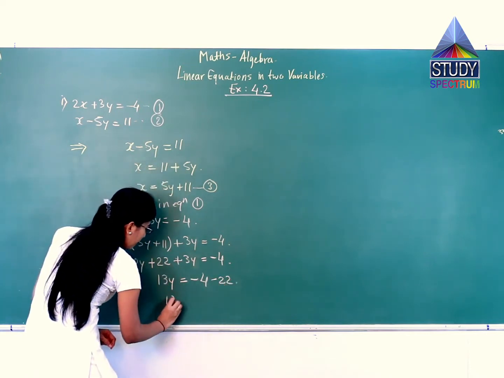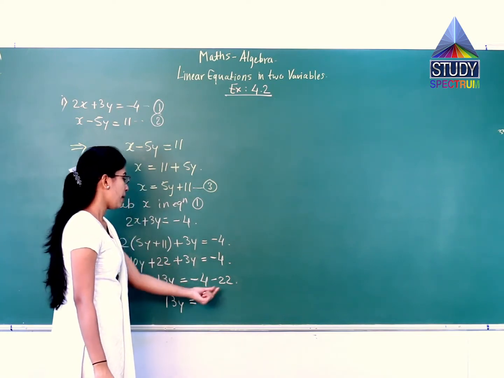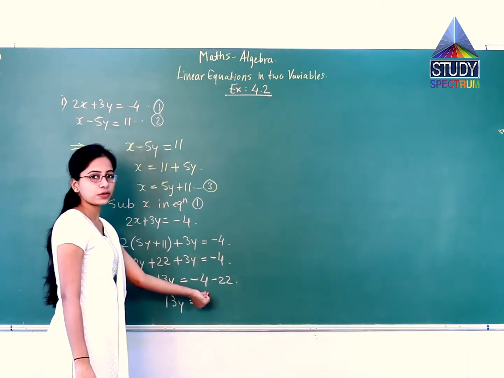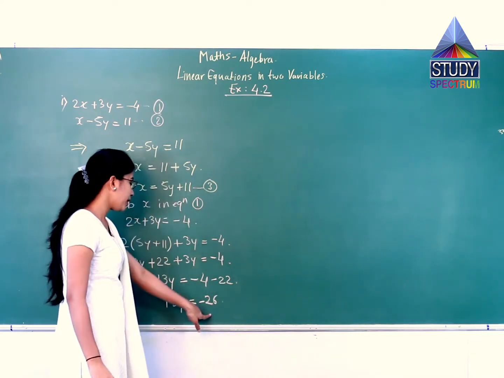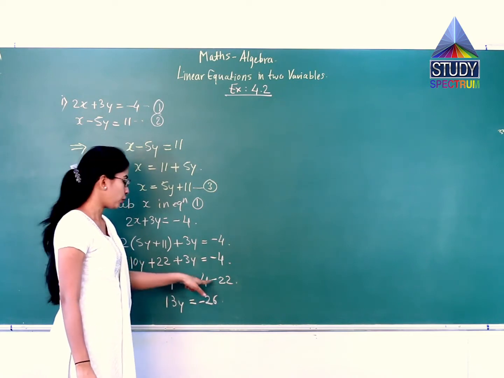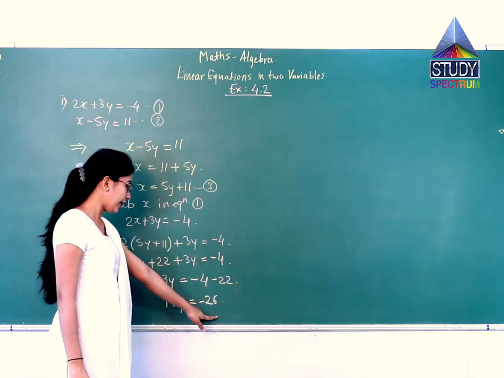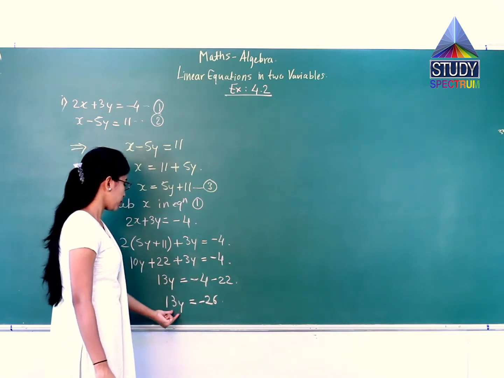So 13y is equal to minus 22 minus 4, that is minus 26. Why minus? Because both the numbers have similar sign, so both the numbers will get added but their sign will come. So it will be minus 26.